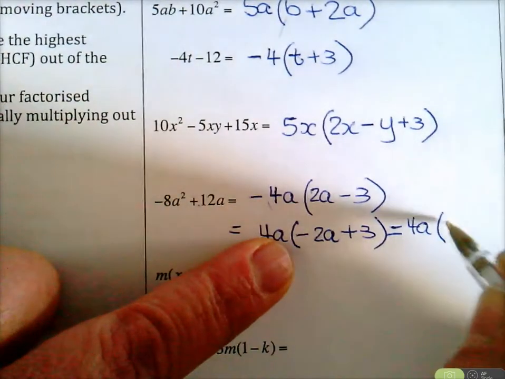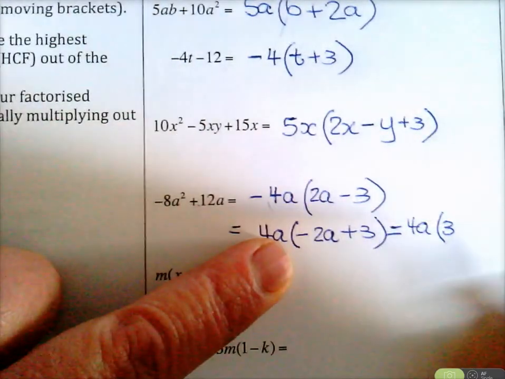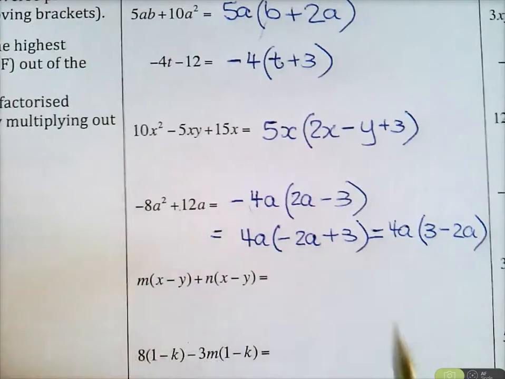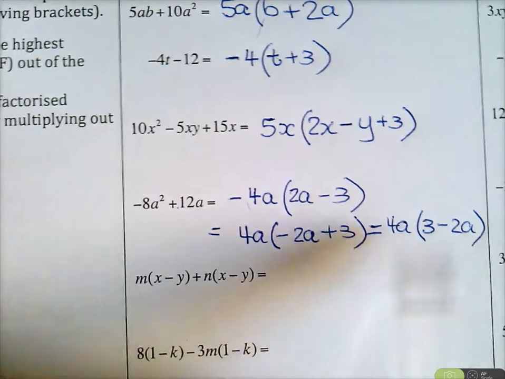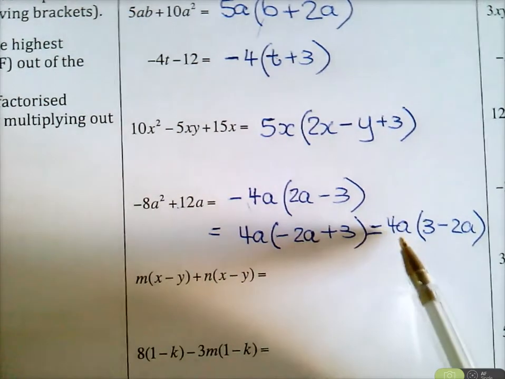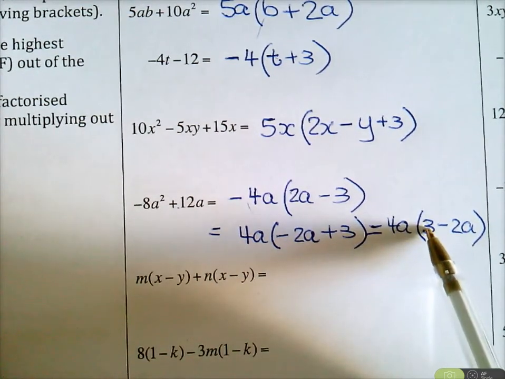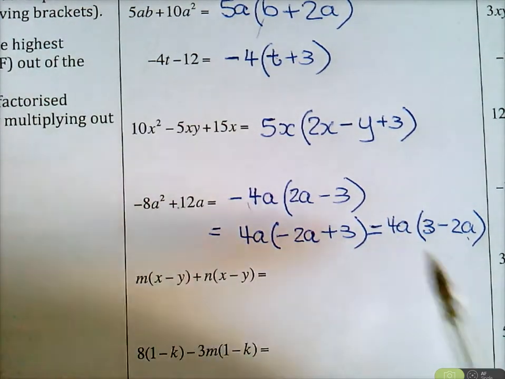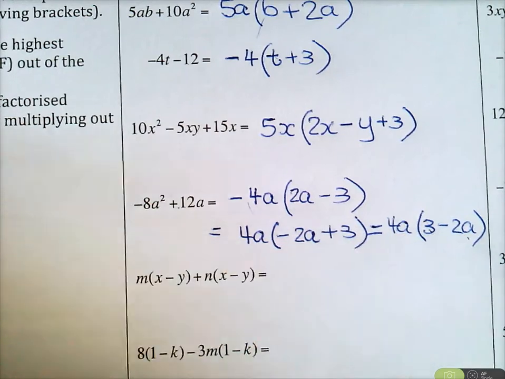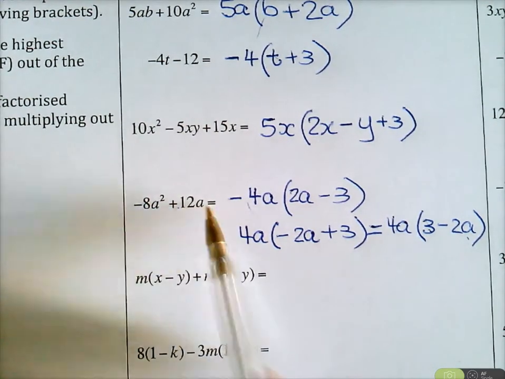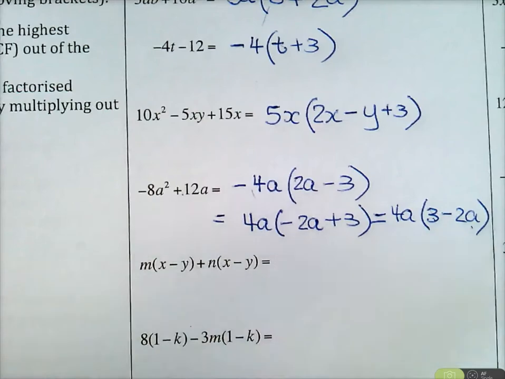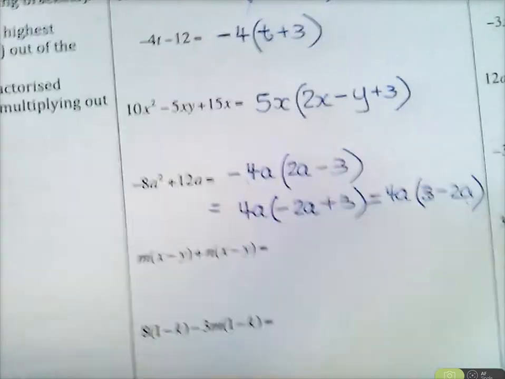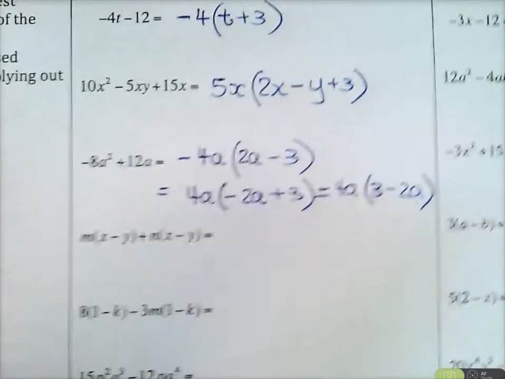What you'll see in the answers, the 3 will be first because it's plus, and minus 2a will be like that. So that top row here and this are exactly the same thing. Because if you multiply them out, you'll get 12a minus 8a squared, it's exactly the same thing. So, look, it is protocol to pull out the negative first.